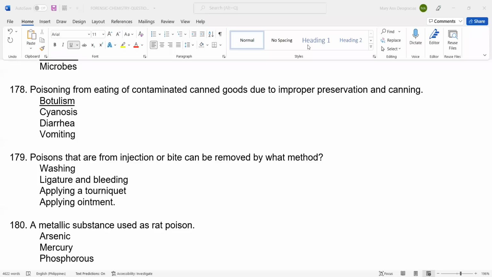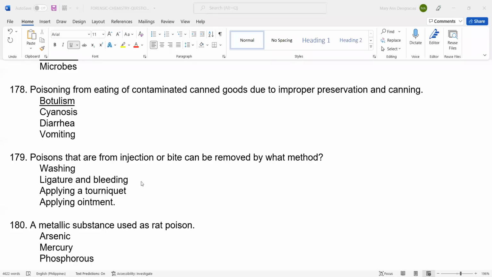Ligature and bleeding, what do you mean by that? Ligature is maglalagay ng konting sugat. No? Ligature is open wounds yan, tapos paduduguin. Kasi best method of removing pagka-applying tourniquet, that is to prevent absorption.